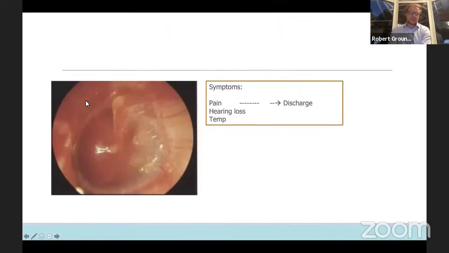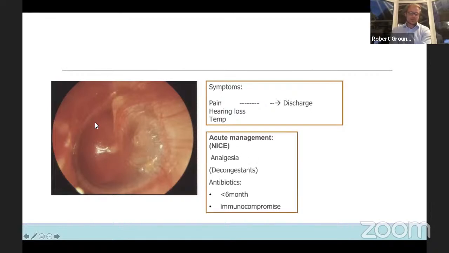Because this is a systemic illness, the treatments are systemic. The classic history we're seeing with this patient is they're getting pain, and they're getting hearing loss because they've now got pus filling up the middle ear, blocking off any vibrations that are hitting that eardrum, stopping that malleus from vibrating nicely and transmitting sound.